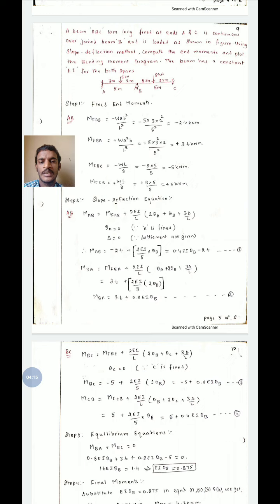Theta B is kept the same. Delta value is 0. Finally, we get 0.4 EI theta B minus 2.4 as the first equation.